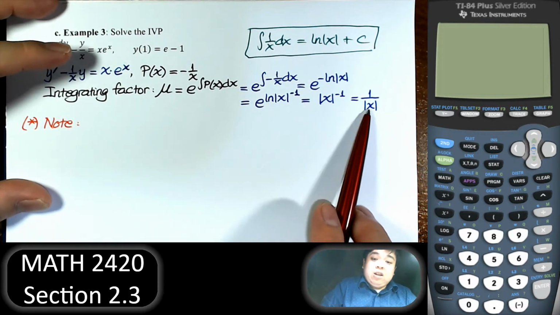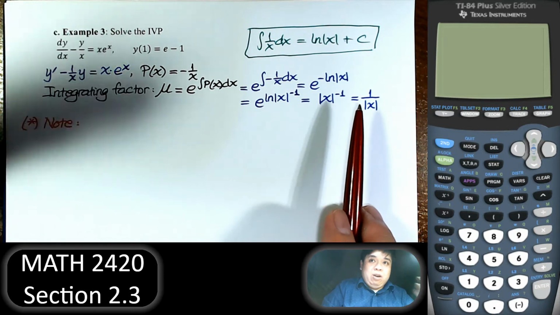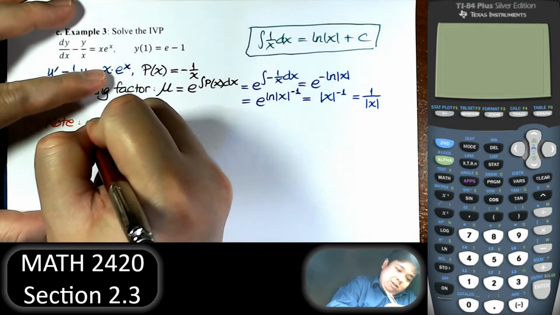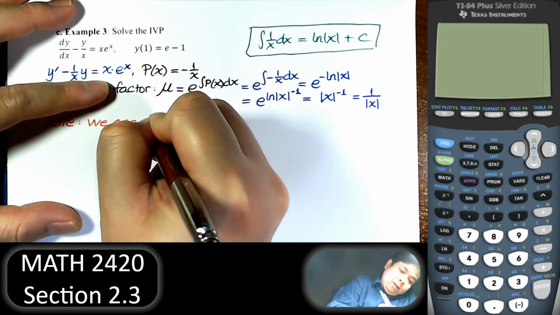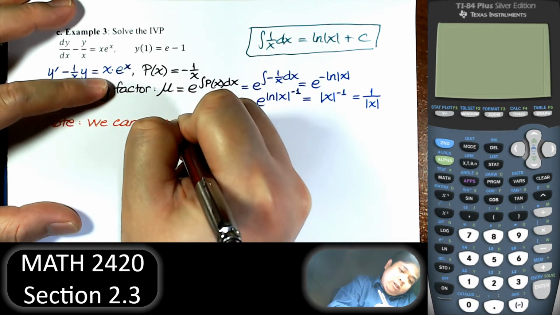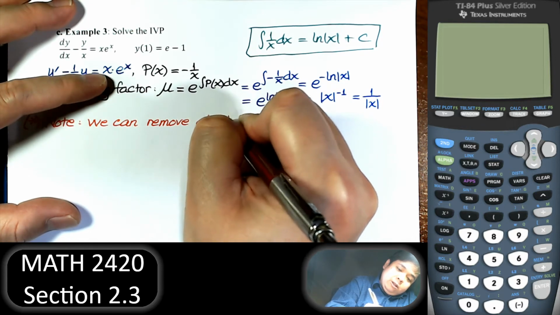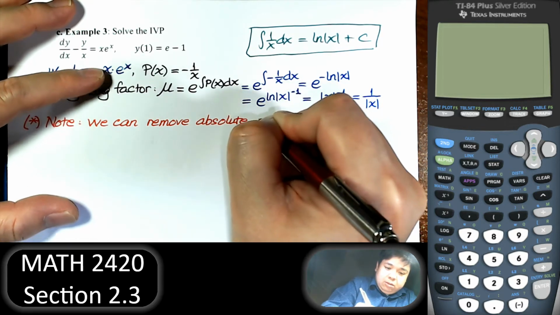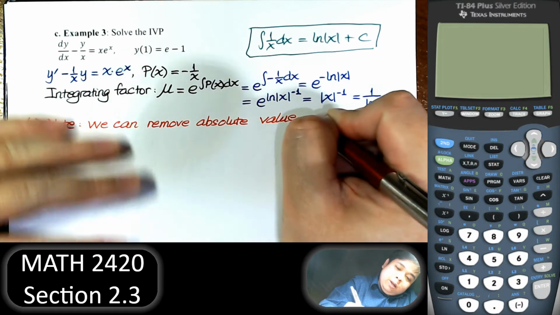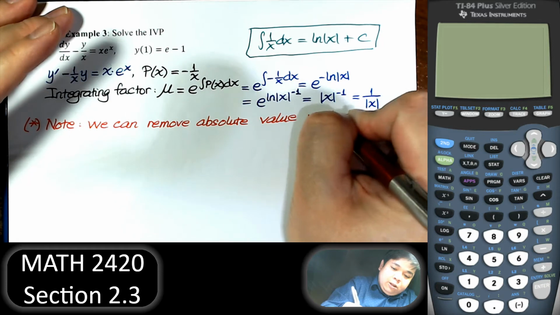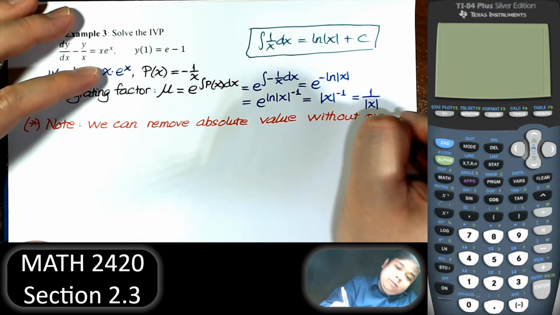For the integrating factor, we don't need the plus or minus, or the absolute values. We can get rid of that. We can remove absolute values without putting the plus or minus.